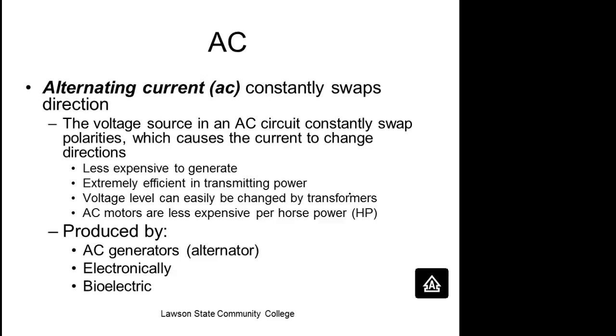Now, what's nice about AC is that to create a voltage, an EMF, we need to have a magnetic field. We need to have some conductors. That's all this is, conductors, right? I can sit here all day long with this and it won't do anything, but as soon as I start doing this, I'm making something.